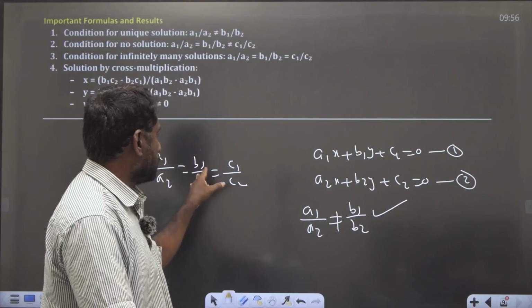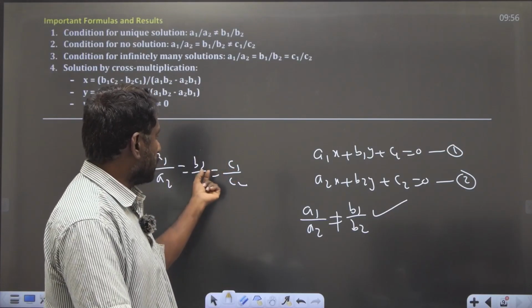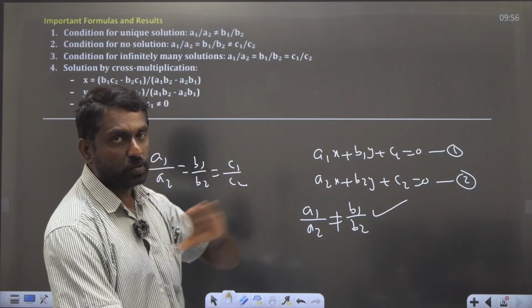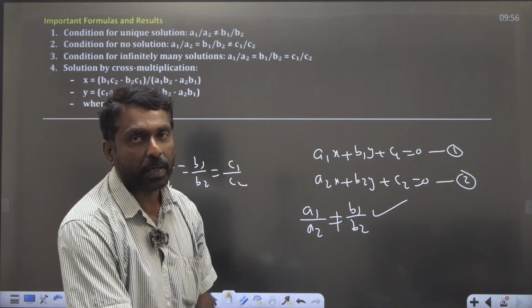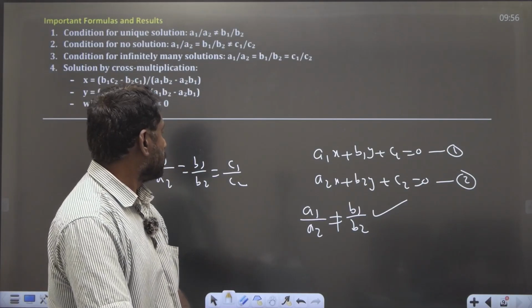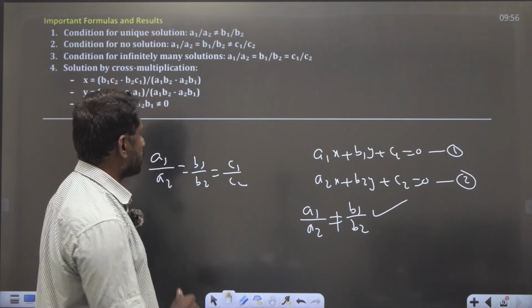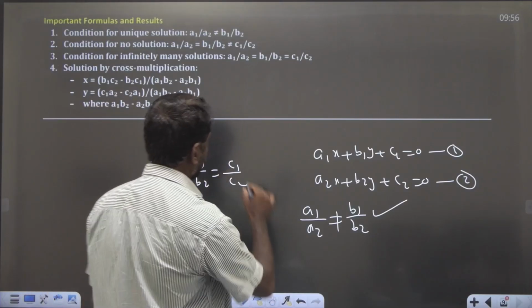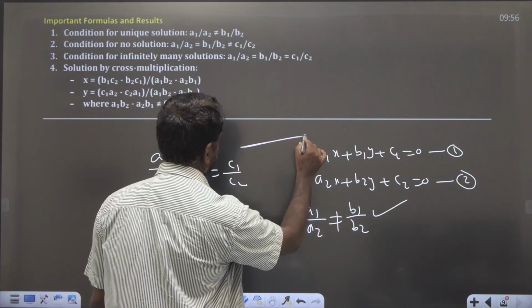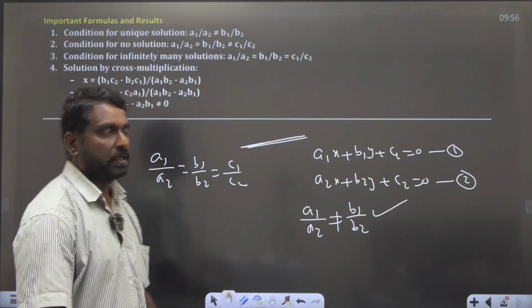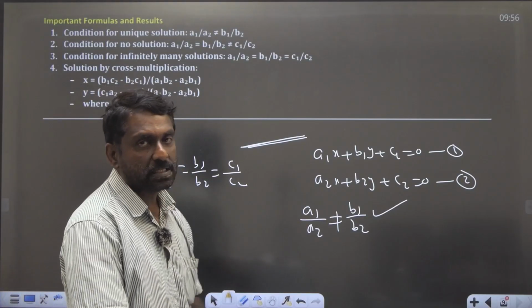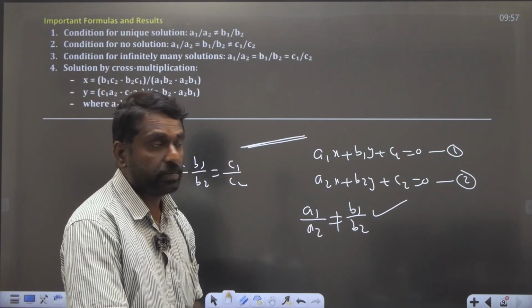That means the graph will be coincident lines, not parallel lines. That is, one line is lying on the other line. The system is consistent. There exist infinitely many solutions.